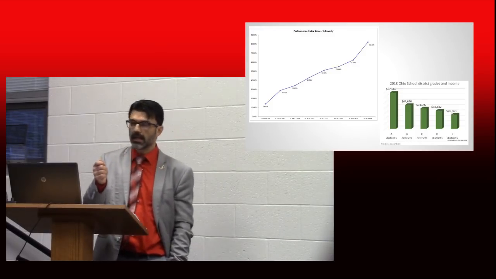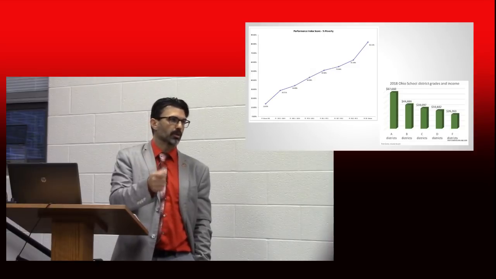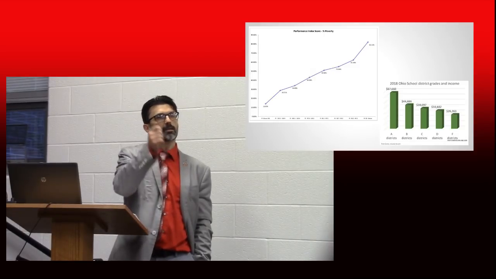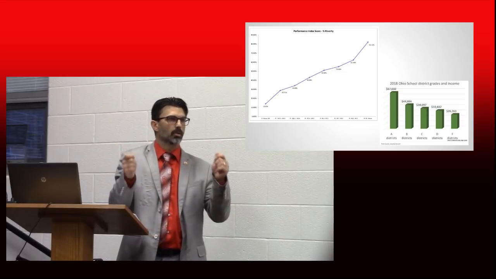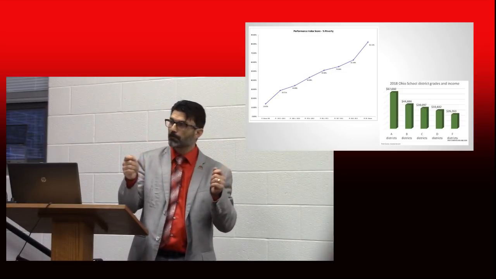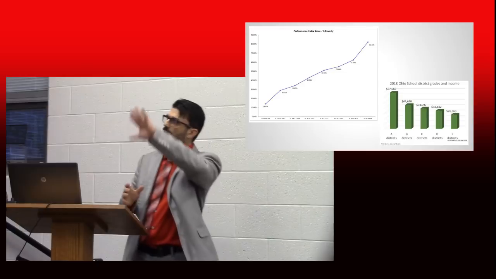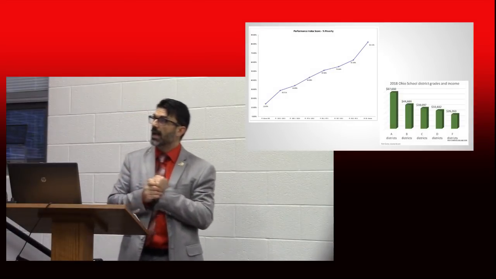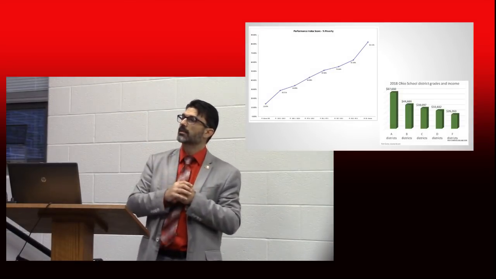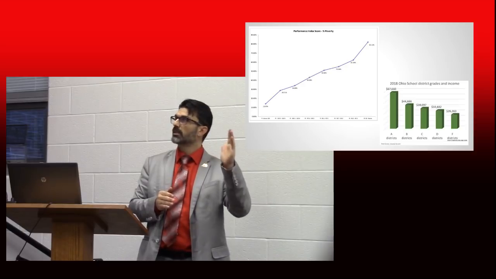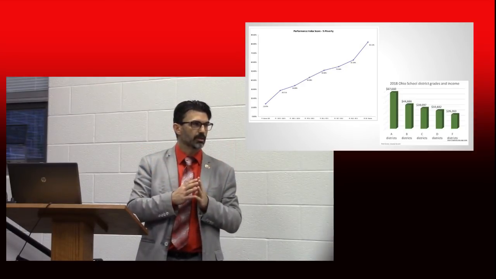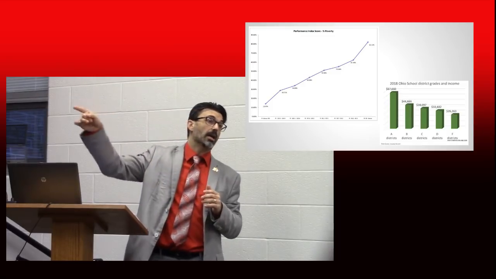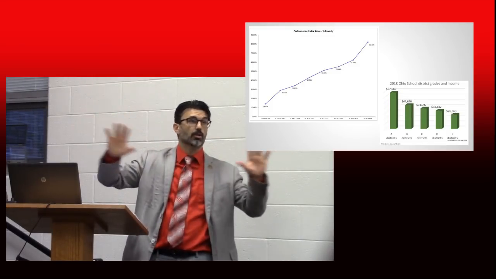There is an almost perfect relationship between standardized test scores and the percentage of your students who are economically disadvantaged. On the graph on the left, that is a line plot of performance index versus percent of students who are economically disadvantaged. And this is on Ohio tests, so this isn't some other measure.